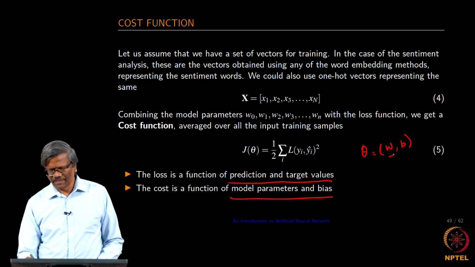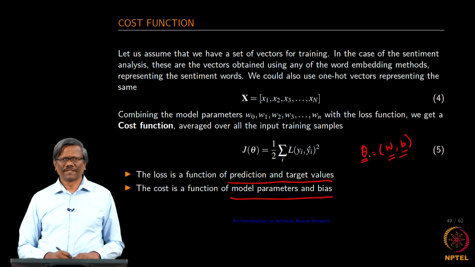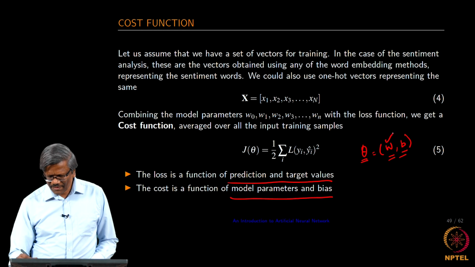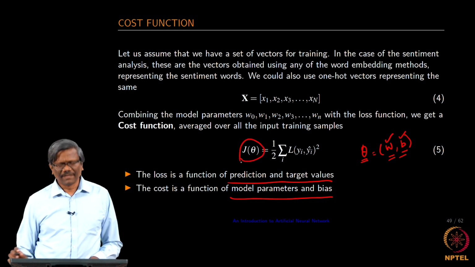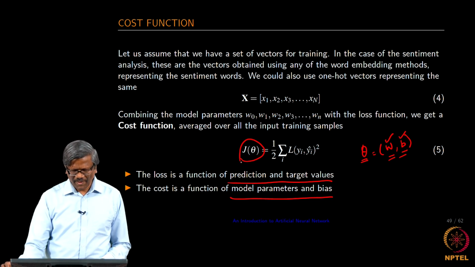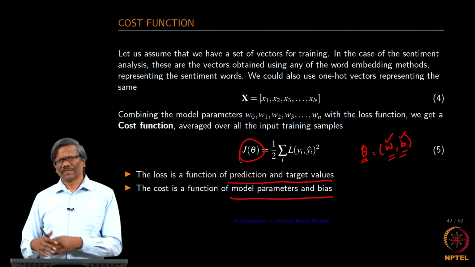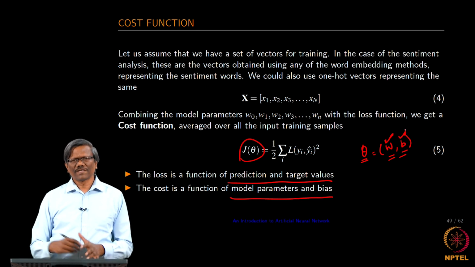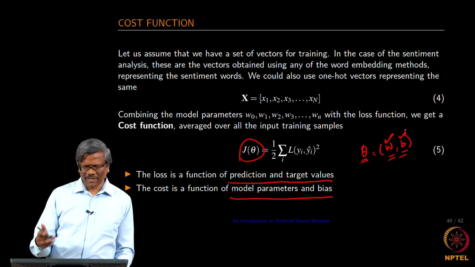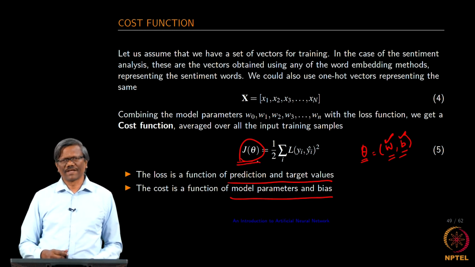These are the parameters we are trying to estimate in the model. So, it is usually represented as J theta. Okay. It is very similar to what we saw earlier, the computation is very similar to what we have done in the loss function. Okay. But there is a slight change in the representation here.